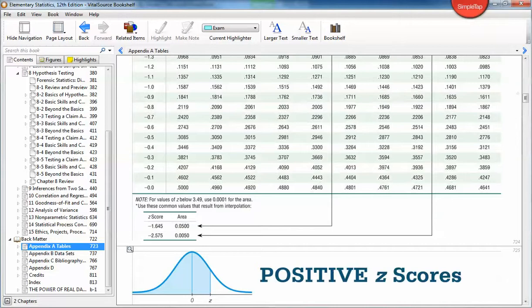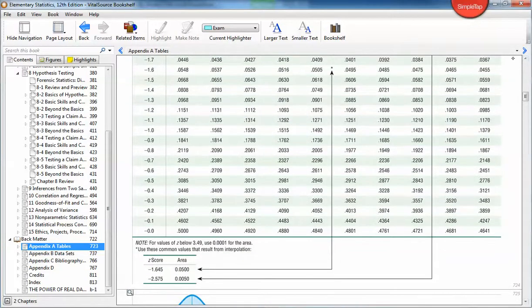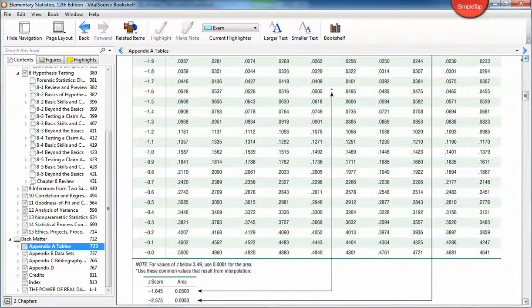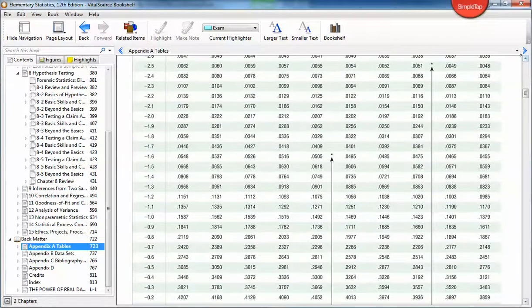Now, was this test left-tailed, right-tailed, or two-tailed? It was left-tailed. So that means that area of 0.05, we want that to be in the left tail. We don't divide it by 2 like we did in the last chapter because it's not two-tailed.